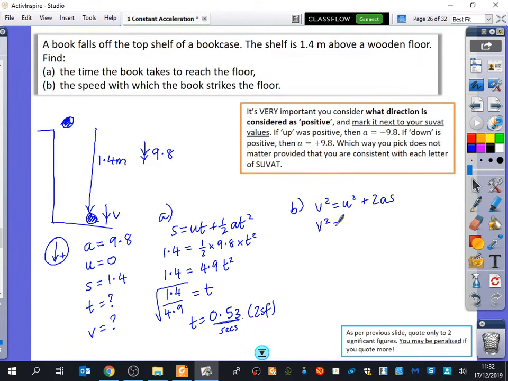So we get v squared equals 0 plus 2 times 9.8 times 1.4. So v will be the square root of this that we have here. So that's 2 times 9.8 times 1.4 square rooted. And we get 5.2 meters per second, so two significant figures.